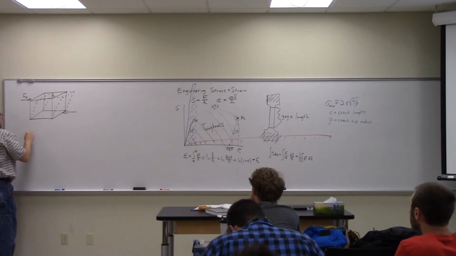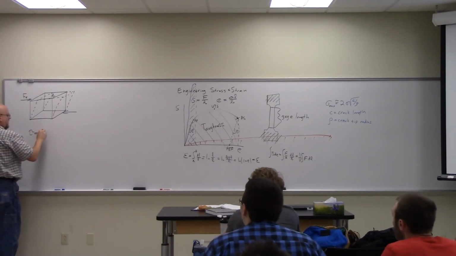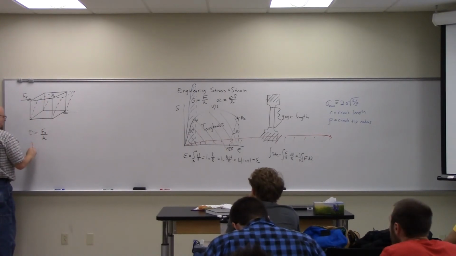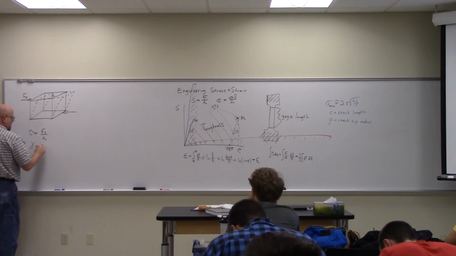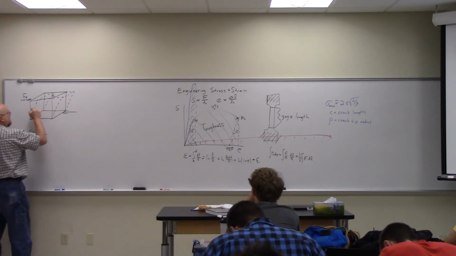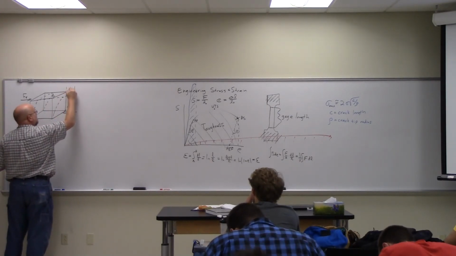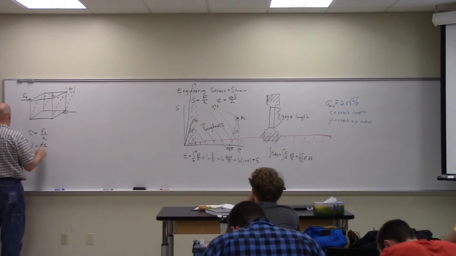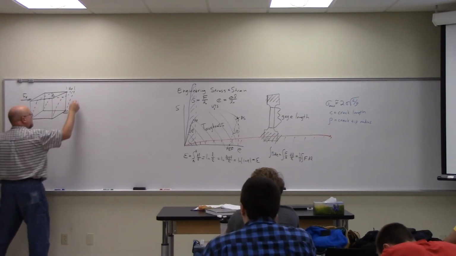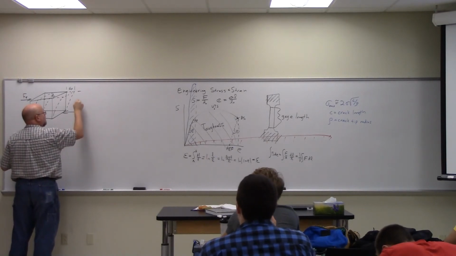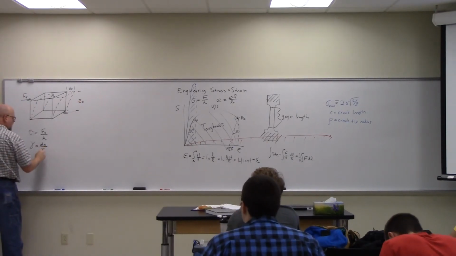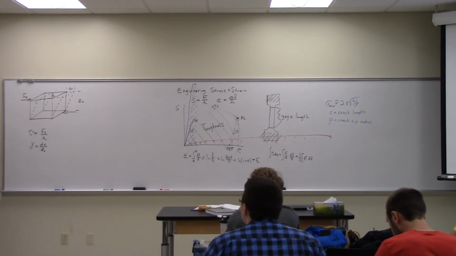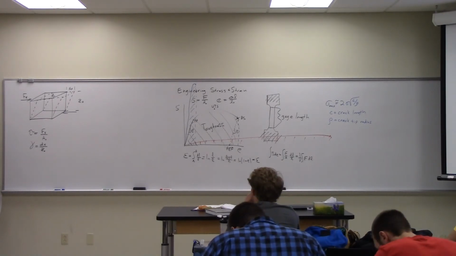So now I have a shear stress, tau, that's equal to the shear force divided by that area A naught, and shear strain gamma, that's equal to dx over z naught, as opposed to delta L over L naught.